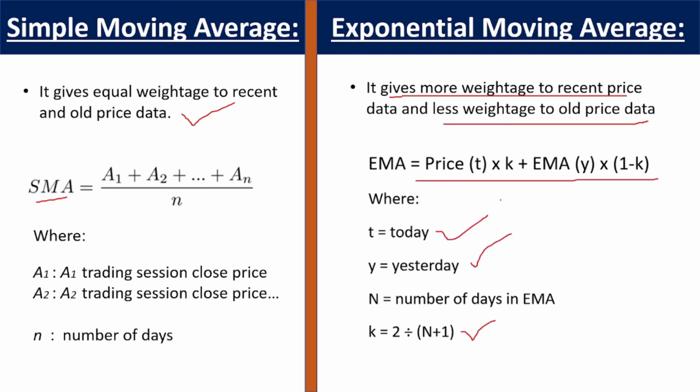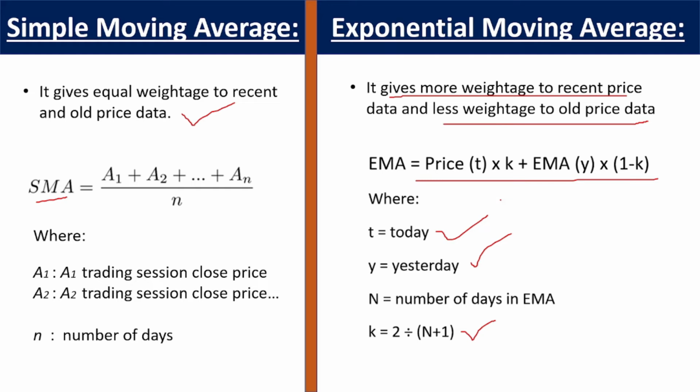Because a simple moving average gives equal importance to all the price data, it might not be as reactive as an exponential moving average. Since the EMA gives more weightage to the recent price data, it is more reactive to the price movement of a stock. So I hope you now have a better idea that an exponential moving average reacts better than a simple moving average.